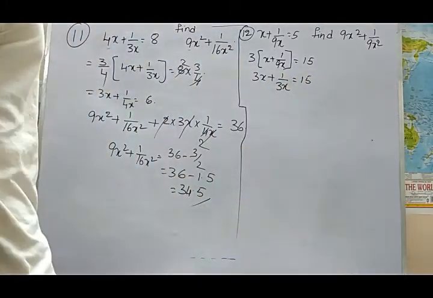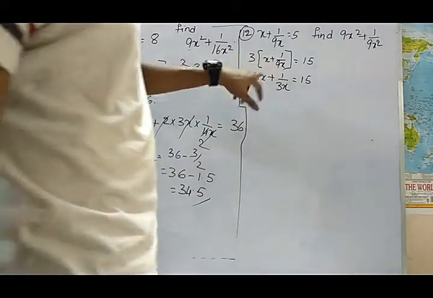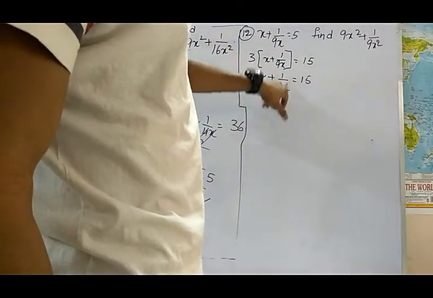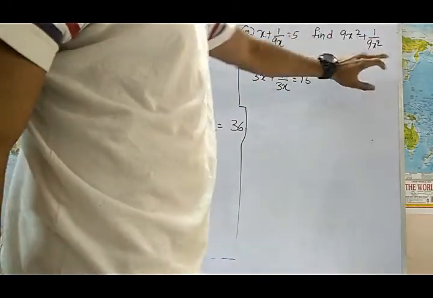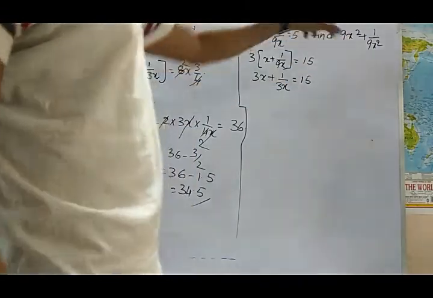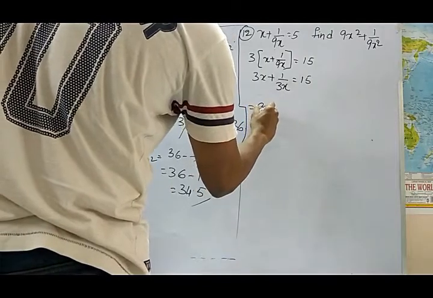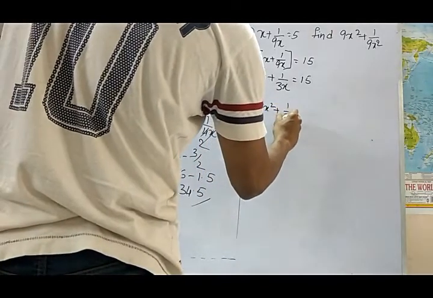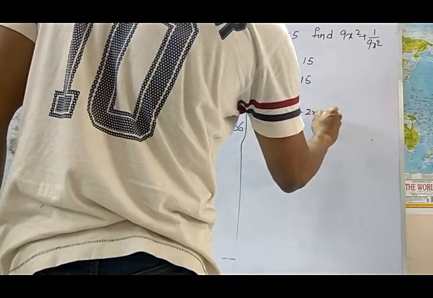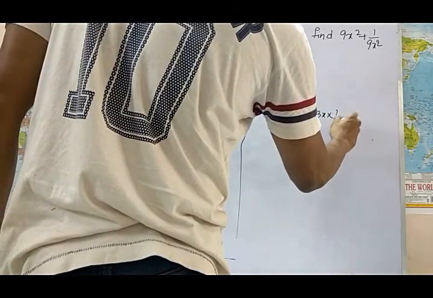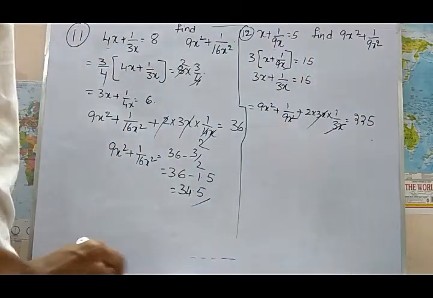Now what we need to do? We need to do squaring on both sides, because we got the form we required. What we required here? 3x plus 1 by 3x, because the question asked is 9x square plus 1 by 9x square. So 3 square is 9, 9x square. So we do squaring on both sides. 9x square plus 1 by 9x square plus 2 into 3x into 1 by 3x equal to 15 square, 225. 3x get cancelled.